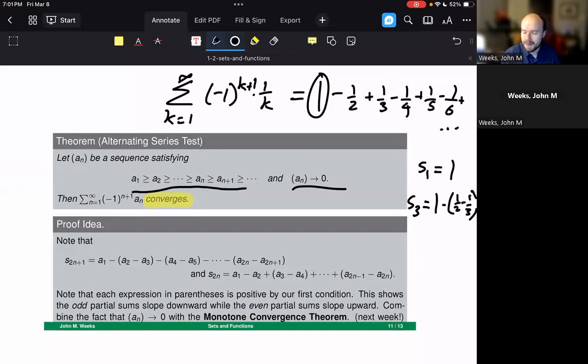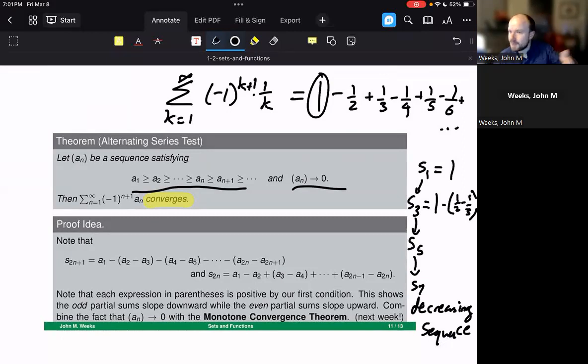So I'm subtracting a positive number, meaning that as I go from S1 to S3 to S5 to S7, this is a decreasing sequence. You might be familiar with the monotone convergence theorem, which says that if I have a decreasing sequence and it's bounded, and we could see that this one is bounded after we take a look at the even partial sums, then we can actually get a converging point for this sequence.